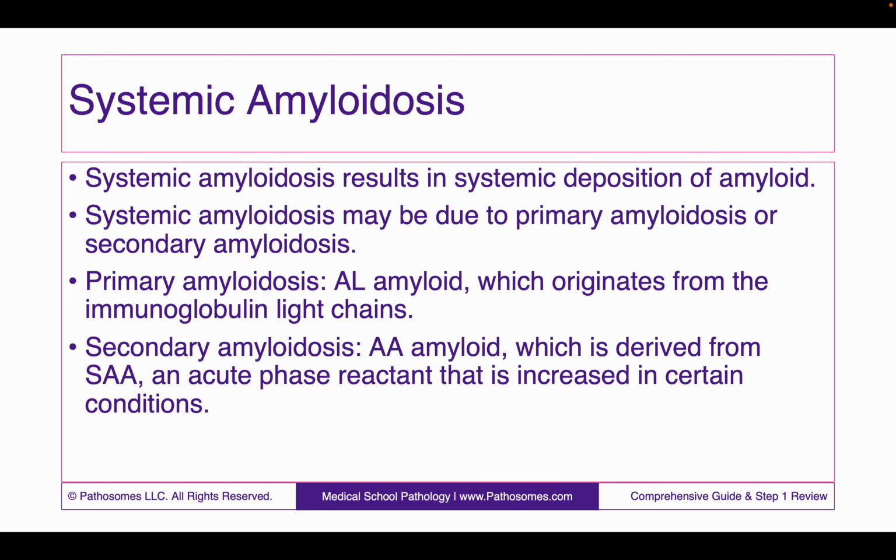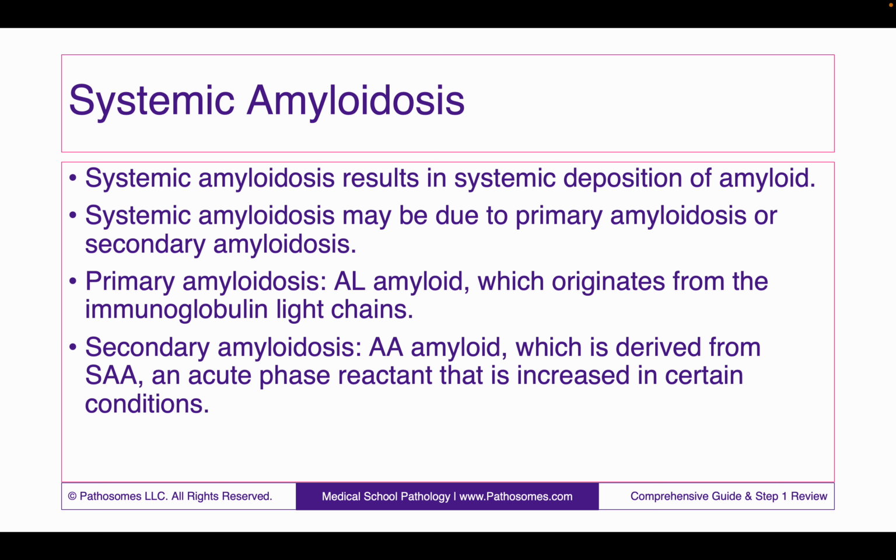Systemic amyloidosis. Systemic amyloidosis results in systemic deposition of amyloid. Systemic amyloidosis may be due to primary amyloidosis or secondary amyloidosis. Regarding primary amyloidosis, AL amyloid, which originates from the immunoglobulin light chains, is the main protein.